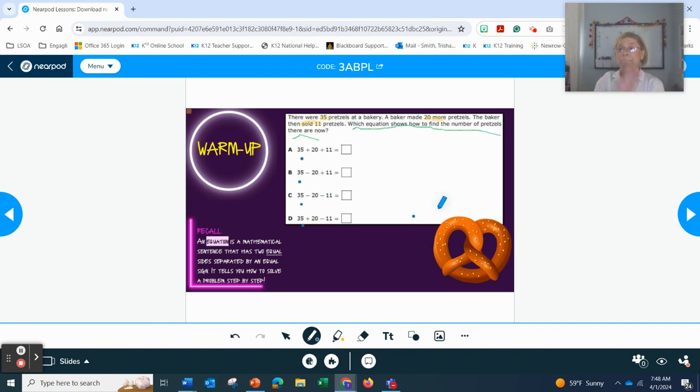And the baker then made 20 more. If the baker is making 20 more, is the baker adding, subtracting, multiplying, or dividing? You're correct. The baker is adding 20 more to that original total of 35, putting 20 more into it.